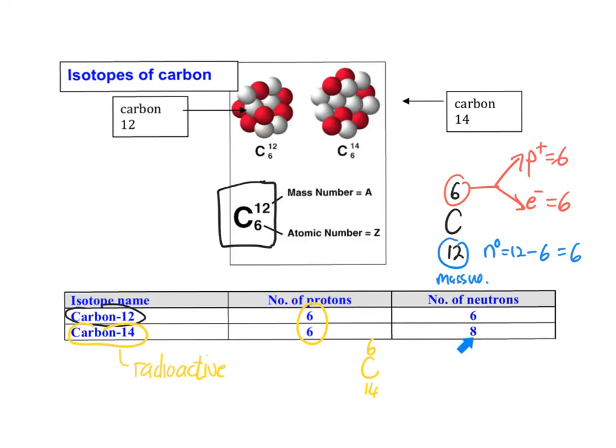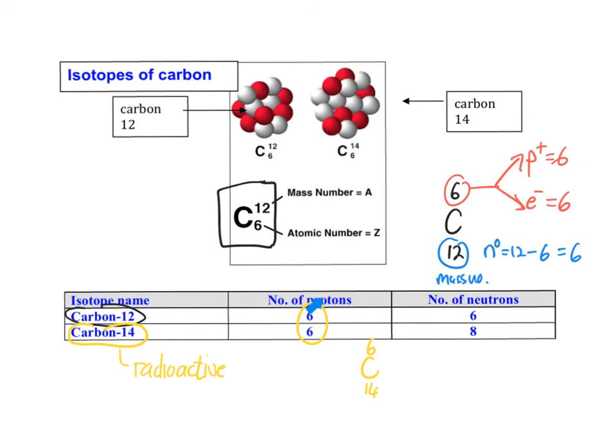See, 14 minus 6 gives us 8 neutrons. But because it's got those extra 2 neutrons, this particular nucleus is not as stable as this. So it decays, it breaks down through radioactive processes, which you'll learn about higher up in grade 10 and 11, into other substances. Carbon 14 actually decays into a form of nitrogen. So we are using it as an example of an isotope, but it's a very, very important isotope.